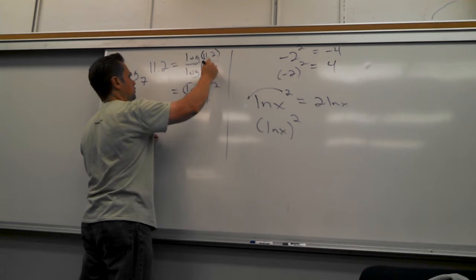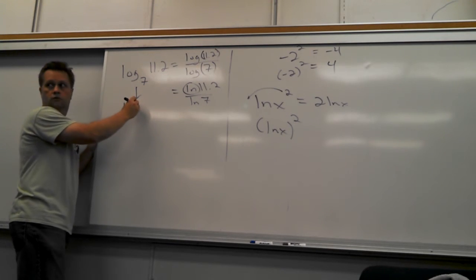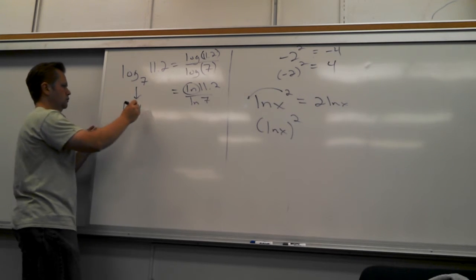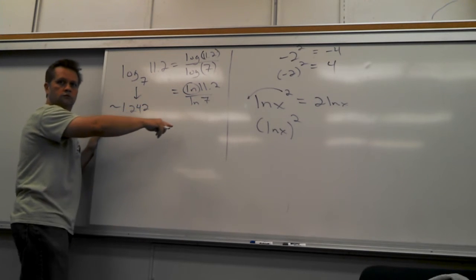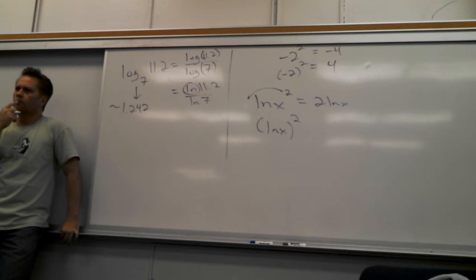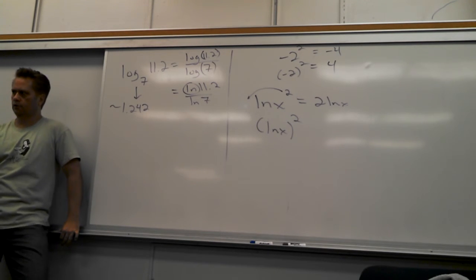So if you do this, anybody do this yet? What number do you get? 1.2415234786... Let's stop there. And has anybody done this one? Same. Okay, it's incredible. Of course it is. That's the change of base formula in case you weren't here last time.